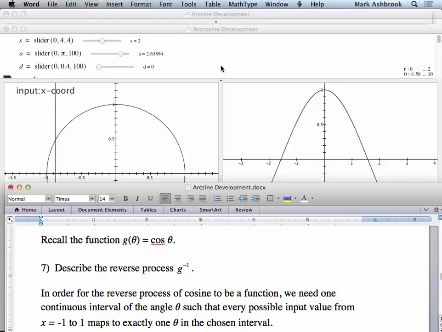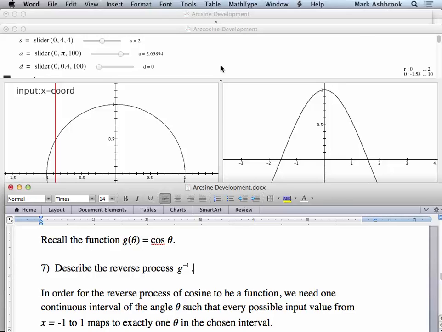Alfredo, what is the reverse process? If G is cosine, then describe for me the reverse process, G inverse. What would it do? The inverse process would take the output of G. No, talk about the quantities. So don't talk about G or cosine. Talk about the process it does according to quantities.